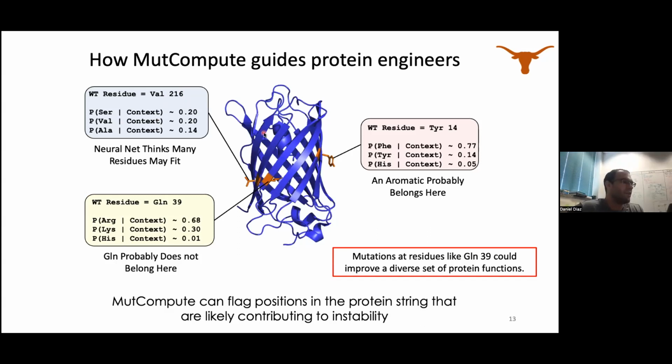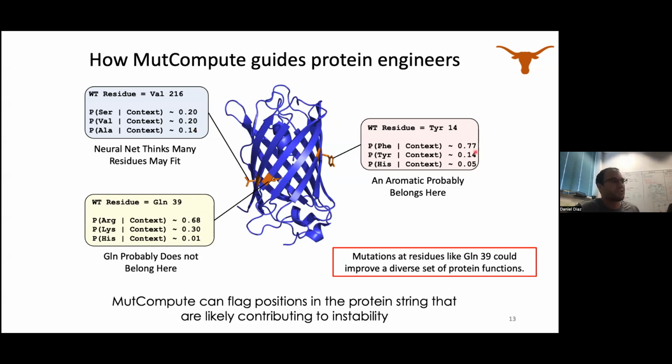So for example, here is a BFP protein we engineered in our 2020 paper. You can see at valine 216, the model tends to evenly distribute probability across multiple amino acids. This residue is probably very promiscuous and can allow lots of different amino acids and types of chemistry here, which could be useful for engineering, but it's usually not the first type of misprediction we prioritize.